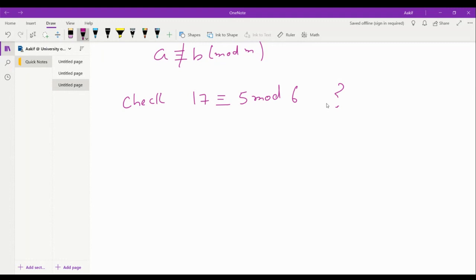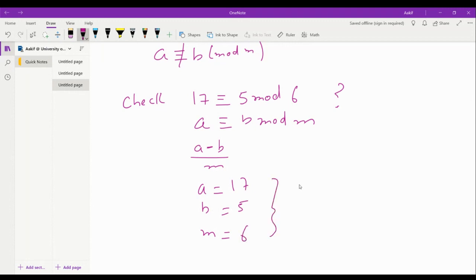Now the condition that I told you, that if it is of the form A is congruent to B mod M, then A minus B should be divisible by M. So in this case, A is 17 and B is 5 and M is 6.